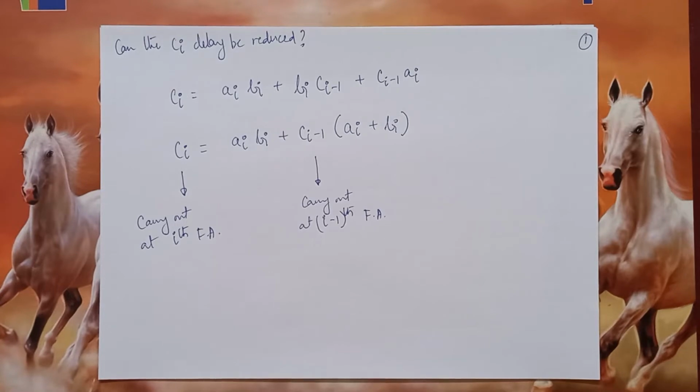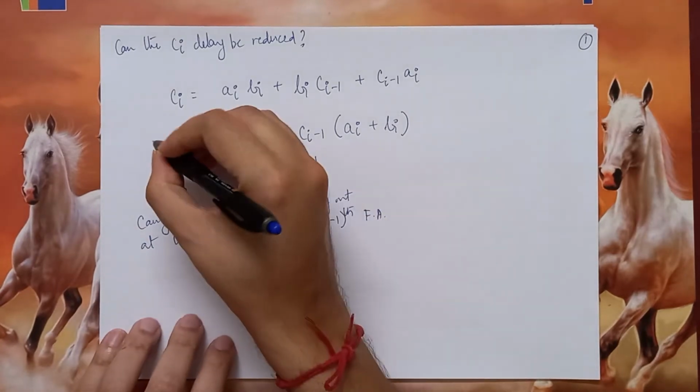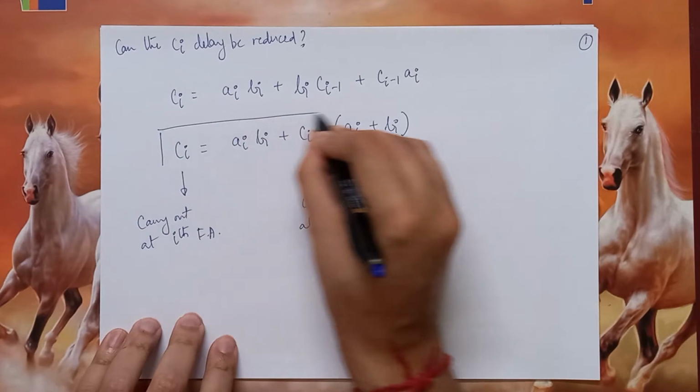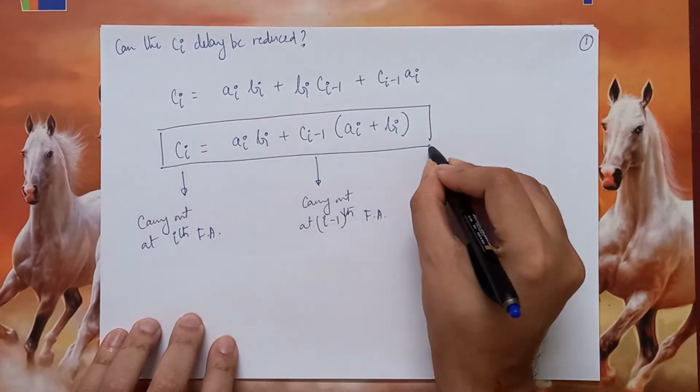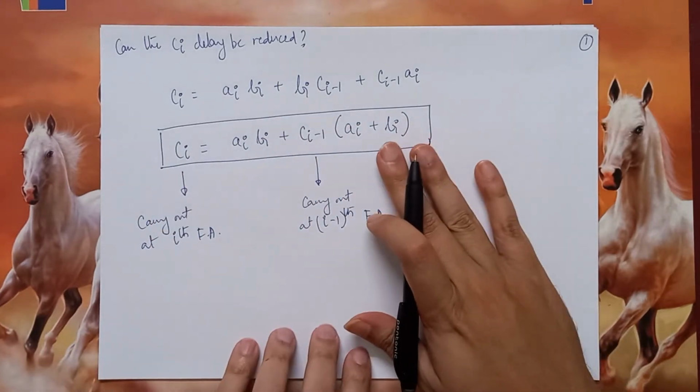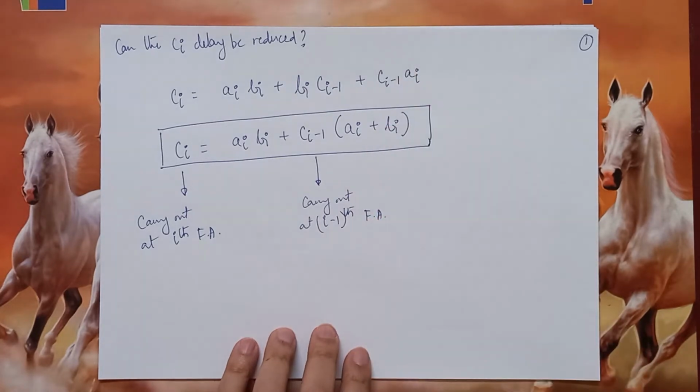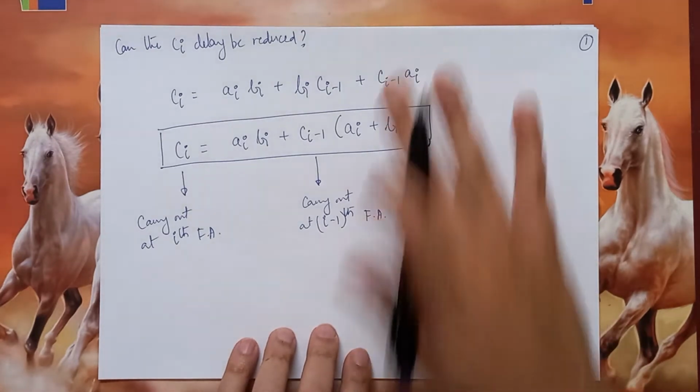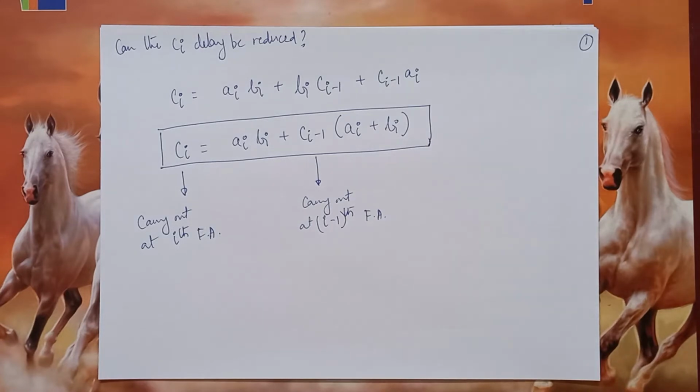So this is the expression which we are considering. What we see is this expression is nothing but a slightly modified version of the previous expression. So you may ask, what is the big deal of having written the Ci expression in this manner?